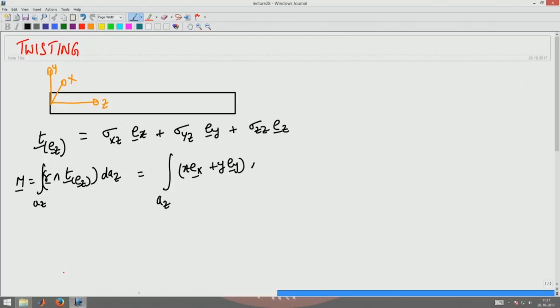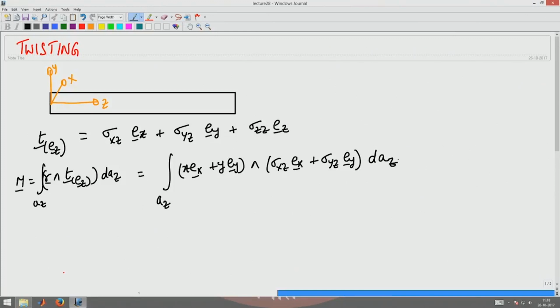Otherwise I would have plus z naught e_z, cross sigma_xz e_x plus sigma_yz e_y, and I am also going to ignore sigma_zz e_z because I am not interested in the axial stresses either. I assume there are no axial stresses in this case.